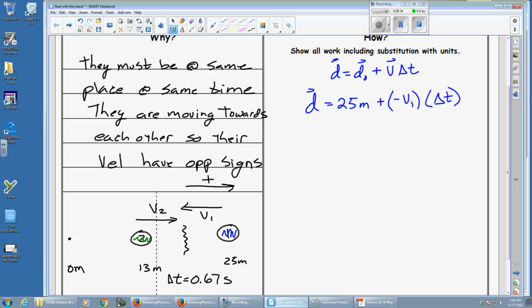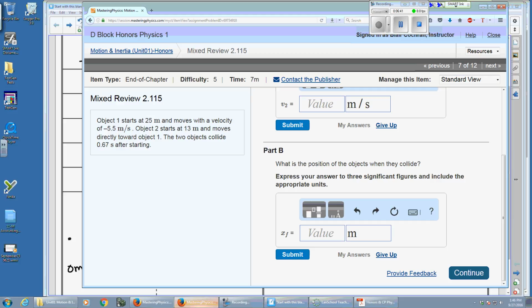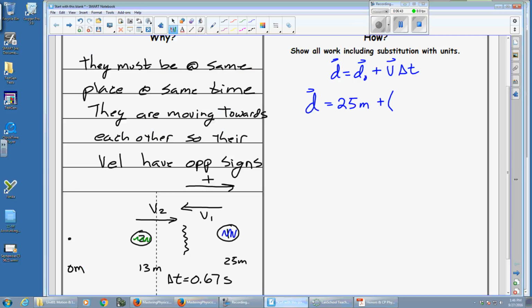Well, yeah, I do know those values. Why don't I fill them in? So my V1 is negative 5.5, and my delta T is 0.67 seconds.